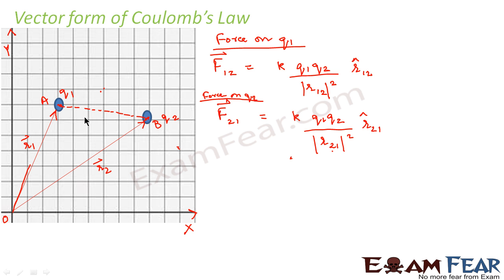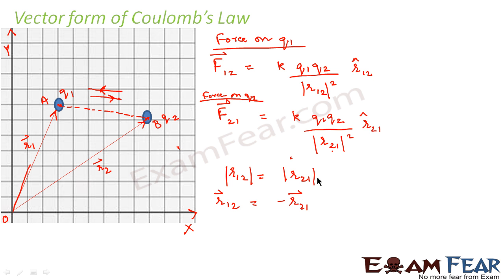Now when I talk about R12 and R21, what is the difference between both of them? R12 will act along this direction, R21 will act along this direction. That is the only difference, right? So magnitude wise, R12 is equal to R21 if I compare only the magnitude.